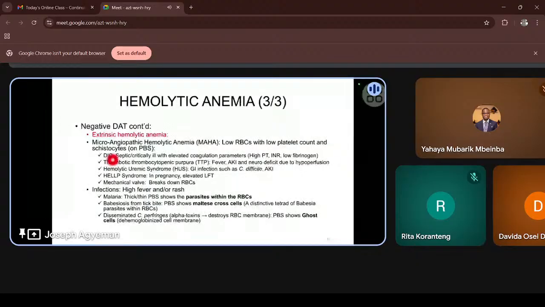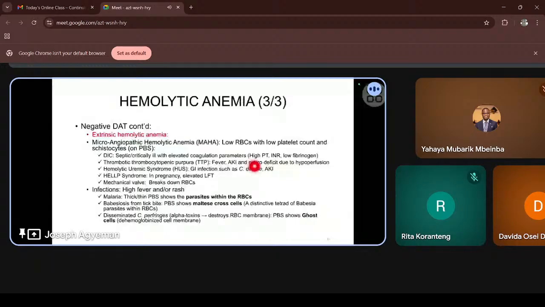So in DIC, you will see it in conditions like sepsis or any critical illness that demand ICU care. And typical in DIC, the patient is at risk of bleeding. If you do the hematology, you have INR being high, prothrombin time being high.